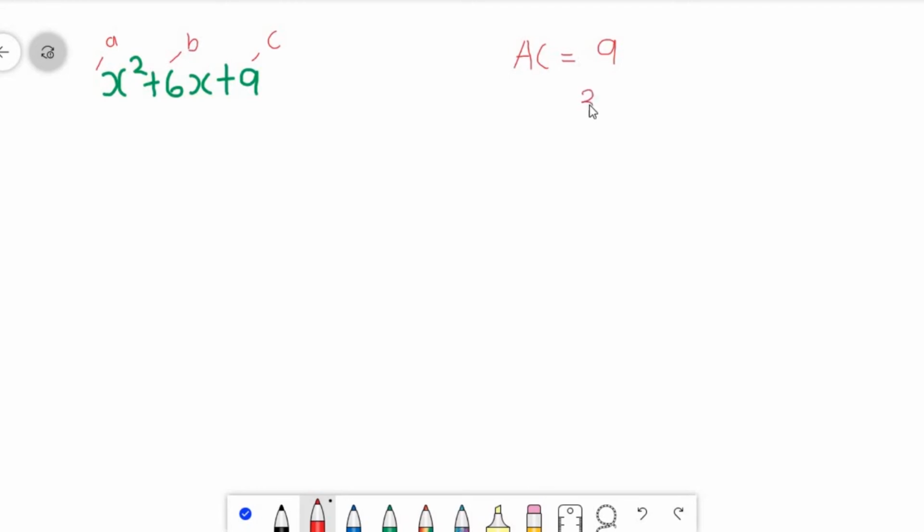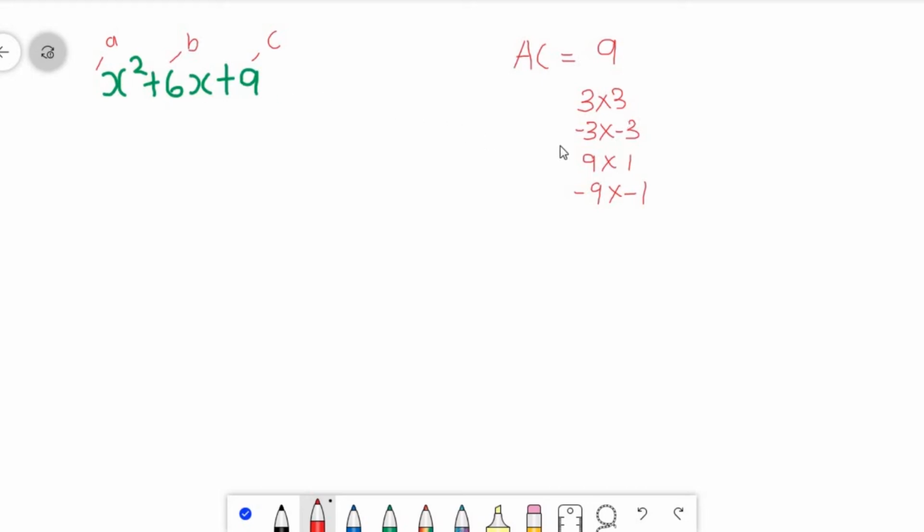So we could have positive 3 times positive 3. We could have negative 3 times negative 3. We could have positive 9 times 1. And we could also have negative 9 times negative 1. So these are all pairs.